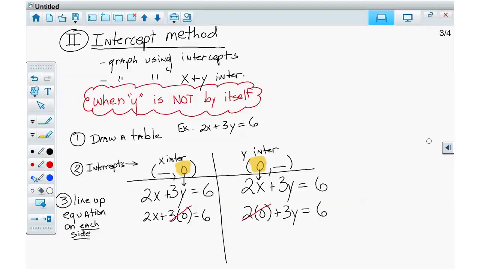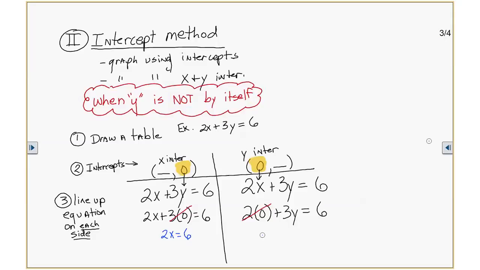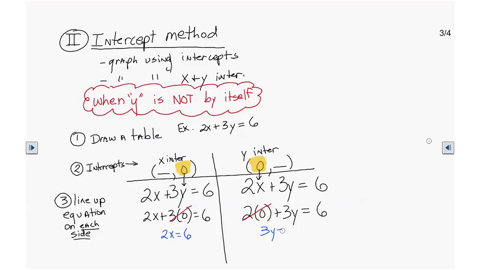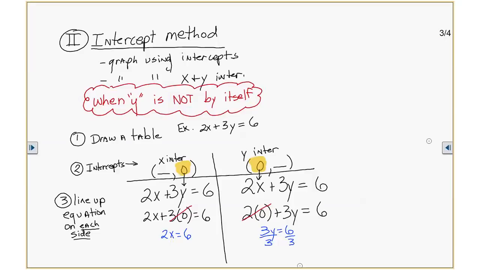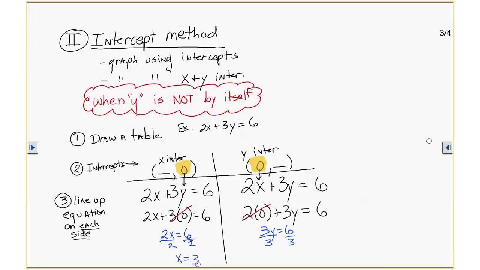And now you're left with 2x is equal to 6, and 3y is equal to 6. Divided by 2, divided by 3. And over here, x is equal to what? And what is y equal to?